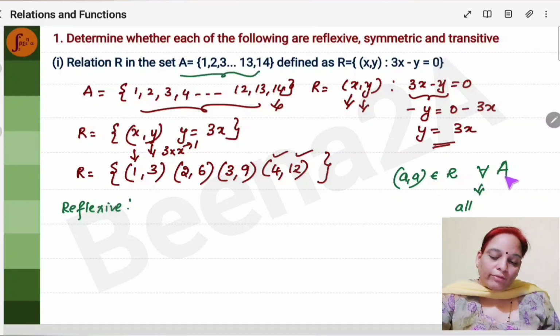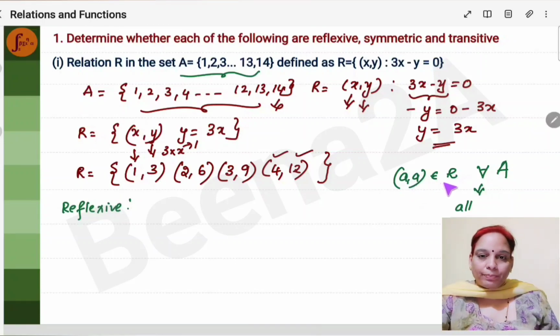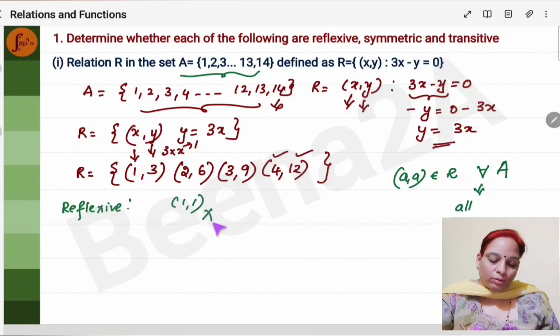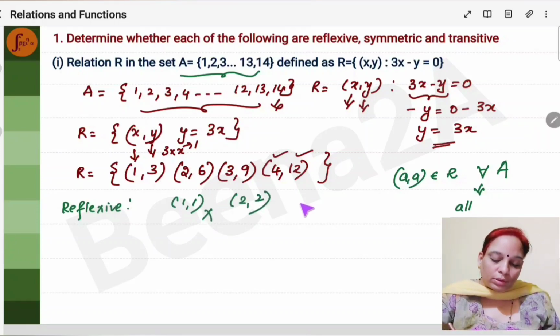For every element of this set A, you should have (a, a). If I take 1 from set A, do I have (1, 1) here? No. (2, 2)? No. So therefore this is not reflexive.